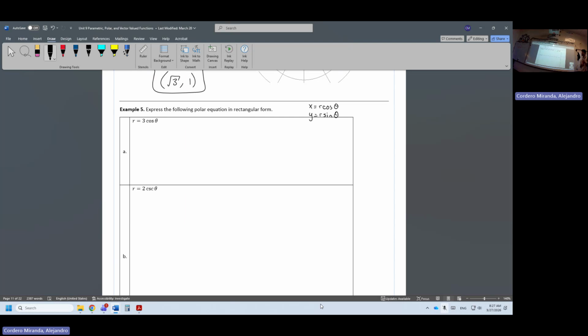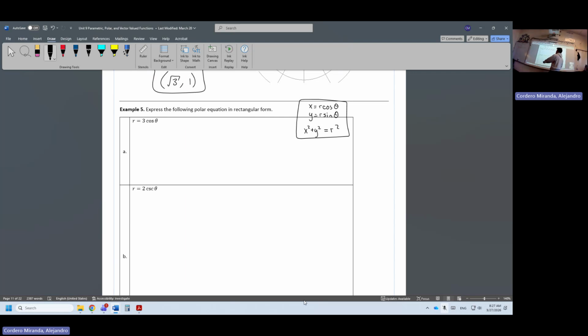And putting those two together and using the Pythagorean identity that sine squared plus cosine squared is equal to 1, this guy is also true: r squared equals x squared plus y squared. I'll let you play with that later and verify that it is true, or think about why that's true. But these are the three things that if you know those three, you can usually convert your equations.